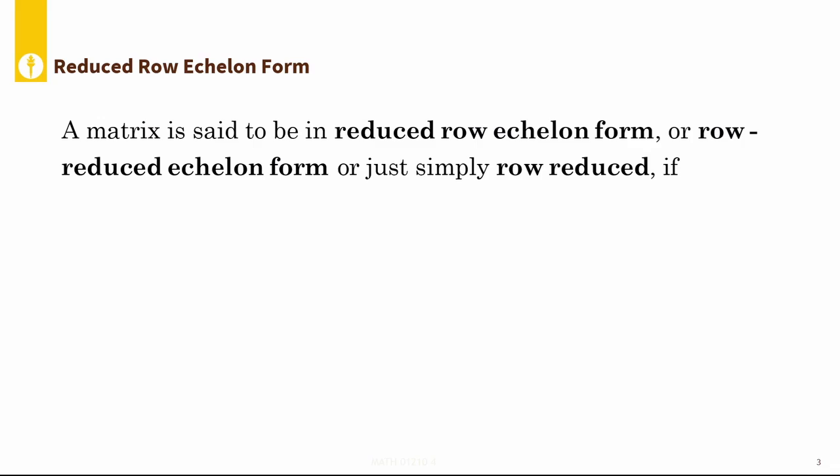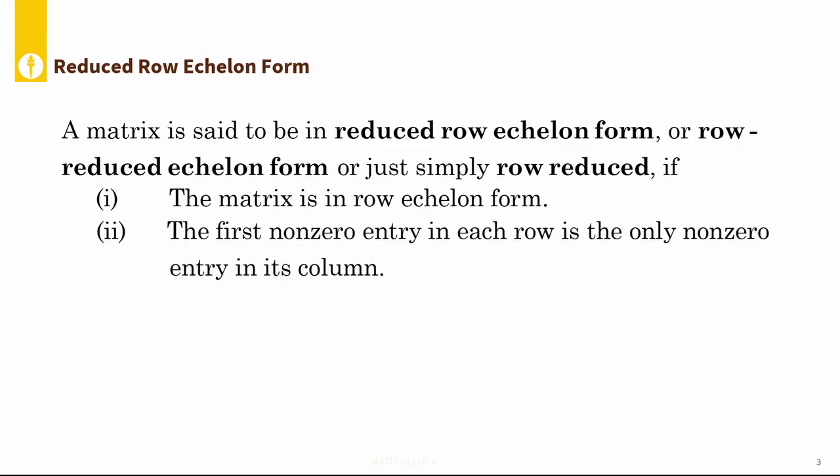A matrix is in reduced row echelon form, or row reduced, if it is already in echelon form, so all 3 conditions for REF are satisfied, and the first non-zero entry in each row is the only non-zero entry in its column. So in addition to everything below a leading 1 being 0, everything above it must also be 0.